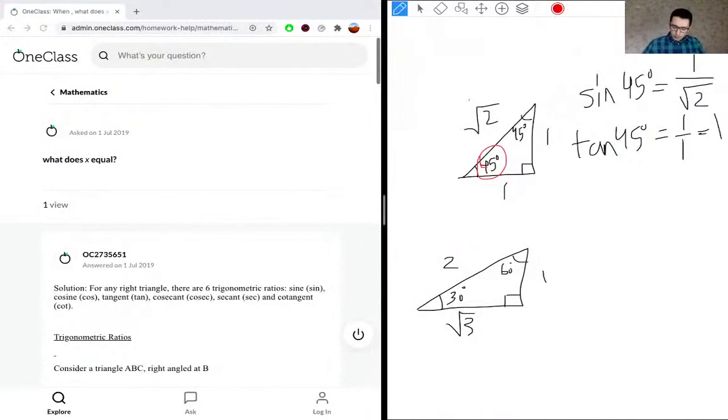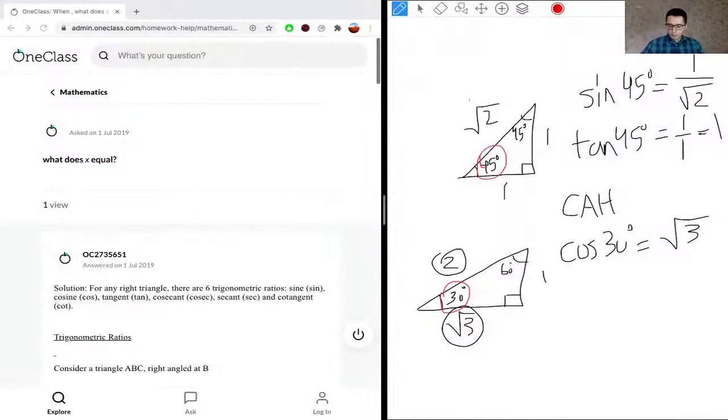You can also look at the second triangle. You can do the same for the rest of the trig ratios, so cosecant, cotangent, secant, and follow the same rules. So here, let's use cos. Let's say cos 30 degrees. We know cos is CAH, so adjacent over hypotenuse, and we know it's square root 3 over 2.